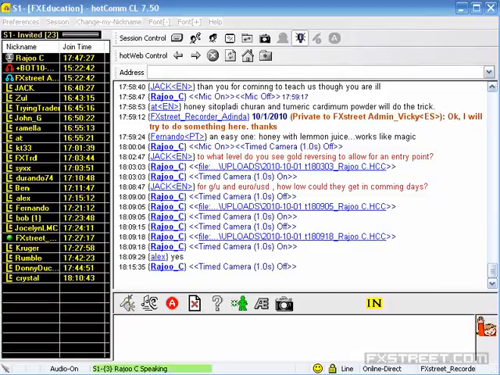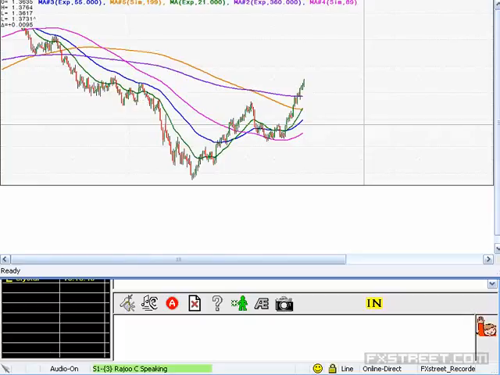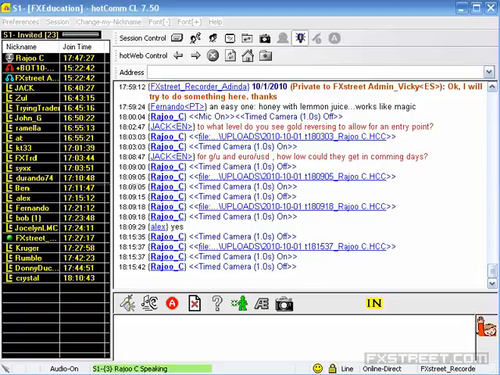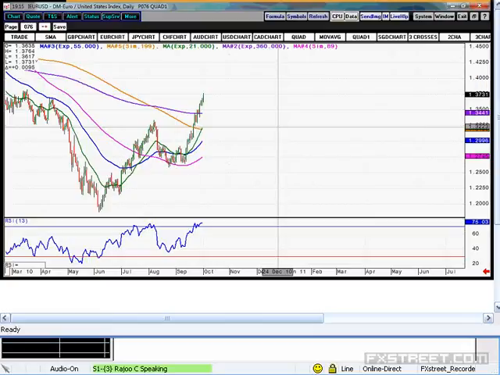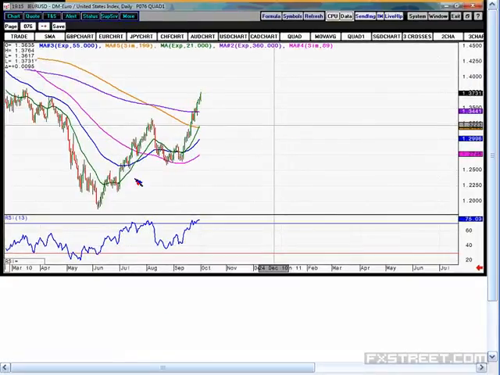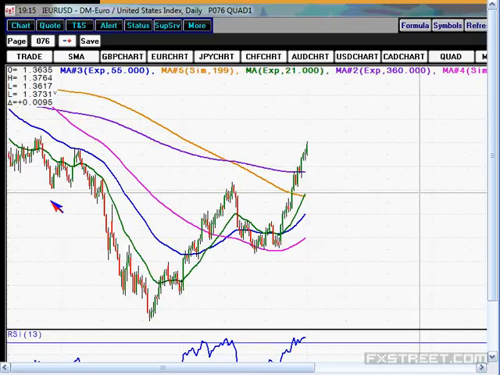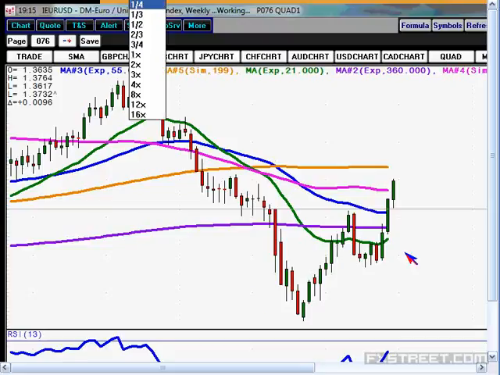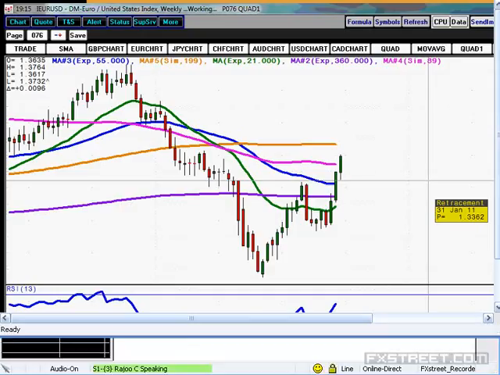Let's look at the chart and see how we can trade, or where we can put our stop loss based on the levels. Let me highlight. Coming to this chart, let's say we look at the weekly.